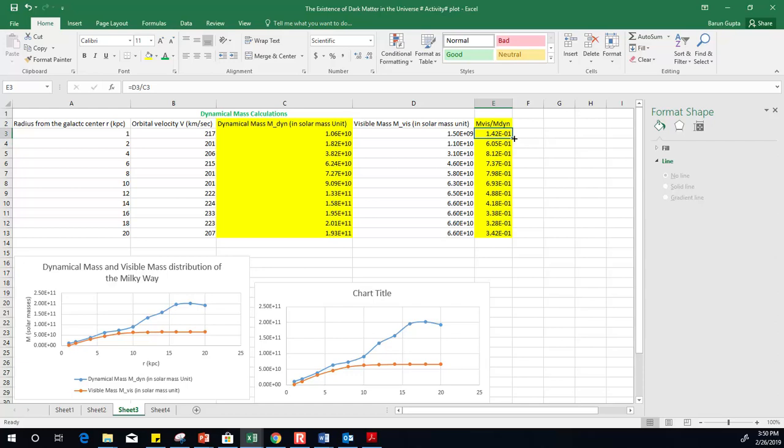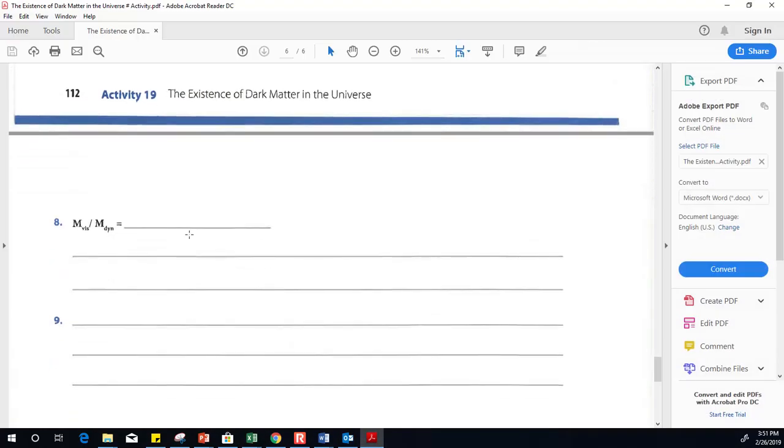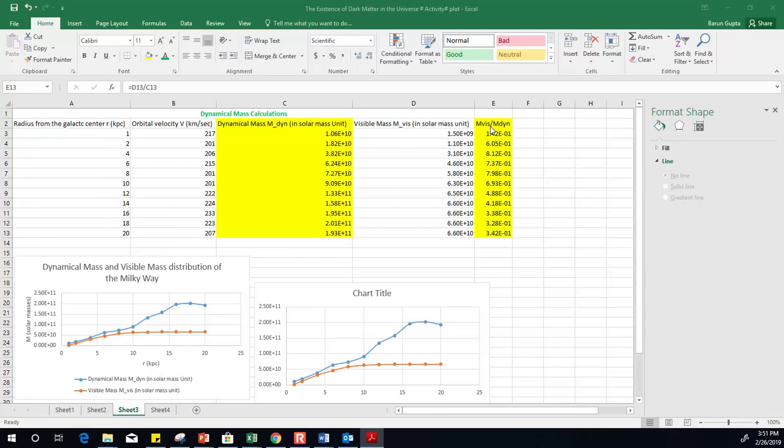Select this one, and this way you calculate the ratio, and you fill it in right here. What you see here is that for any distance, the visible mass is always smaller than the dynamical mass.